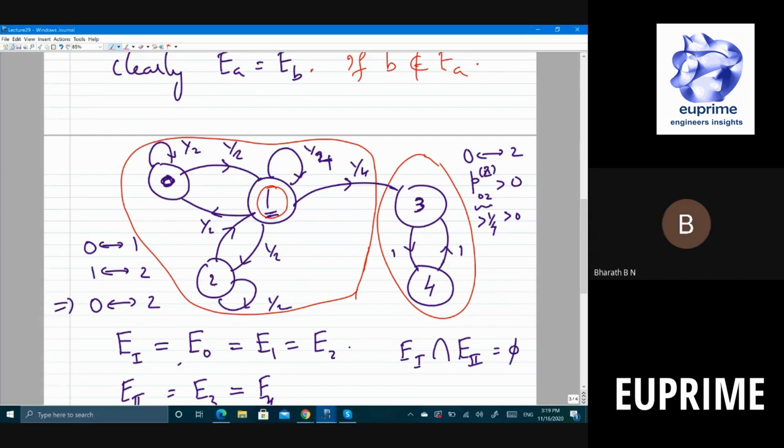So 0 and 1 belong to the same set. 2 also belongs to the same set. So all these things belong to the same set. But 3, 4 does not. This is fine, right? So what is a communication? So this is called communicating classes.